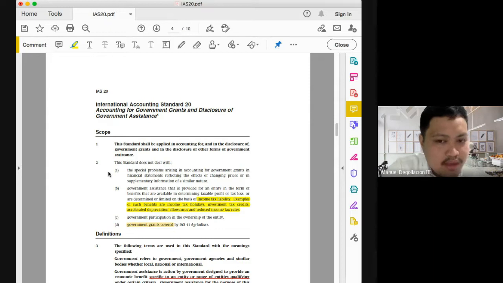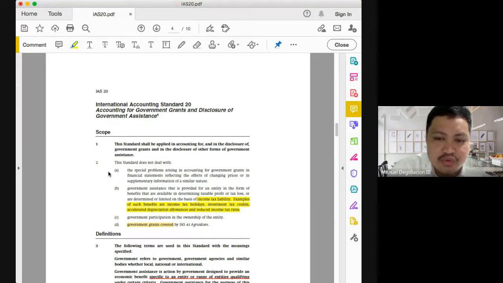We're dealing with a biological asset, but the problem is the entity was able to acquire these biological assets through a government grant. What standard will apply now? Will it be the standard on biological assets, which is PAS 41, or will it be PAS 20, the standard for government grants? And paragraph 2 is very explicit, class, that it tells us that PAS 20 does not deal with government grants covered by PAS 41.